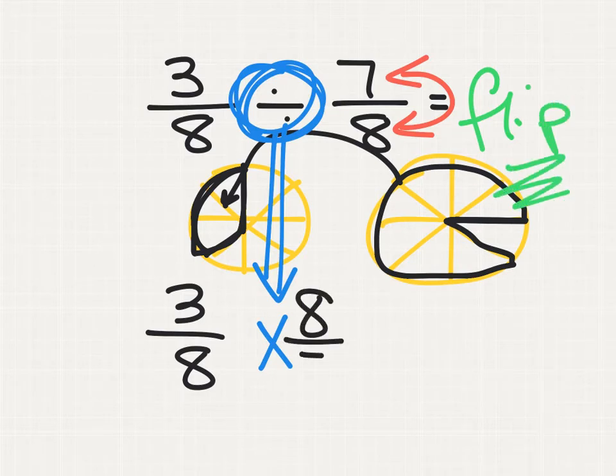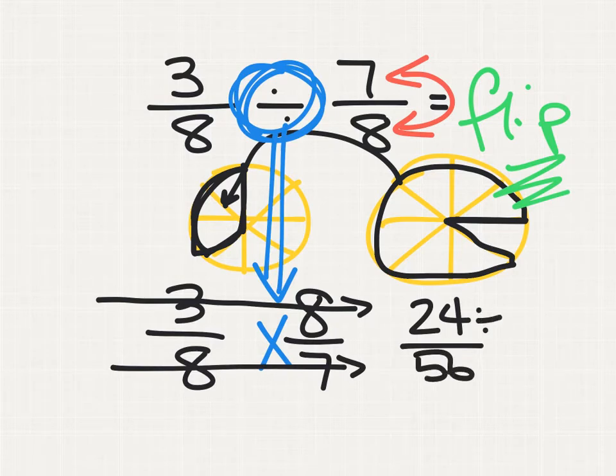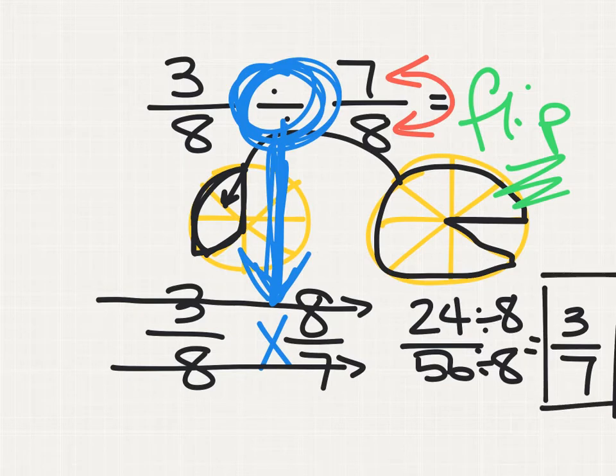Once I've done that, I simply multiply straight across numerator, straight across denominator, and simplify, so that I know, without doing any division, in fact, instead of dividing, I've multiplied, that my solution is 3/7. That 3/8 divided by 7/8 is 3/7.